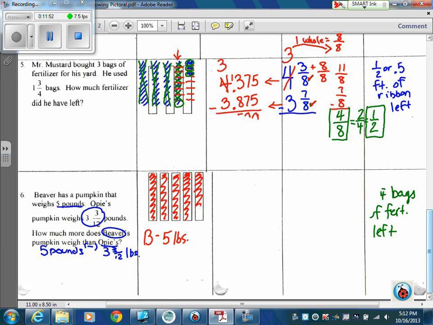And then Opie, his only weighs 3 and 3/12 pounds. Well, if we're going to compare, we're subtracting, and so I am going to take away just to see the difference between the two I'm comparing. So I can start with Opie's with 3. I can take away 3 pounds, but then I have 3/12 and I don't have 12 sitting there. So I need to cut my picture up into 12s.